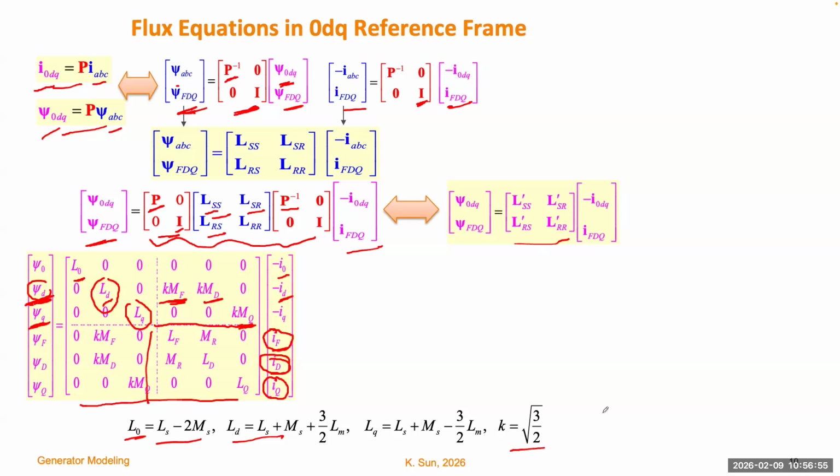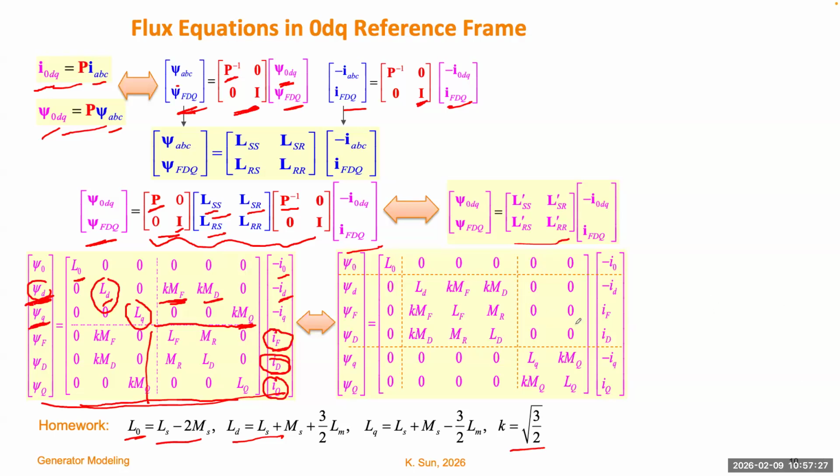And finally, k is equal to the square root of 3/2. For 422 students, you don't need to know how to prove this, but I will give the 522 students homework to prove this equation. It's not very hard, it just takes some labor. After the labor work, you will be able to get this equation.